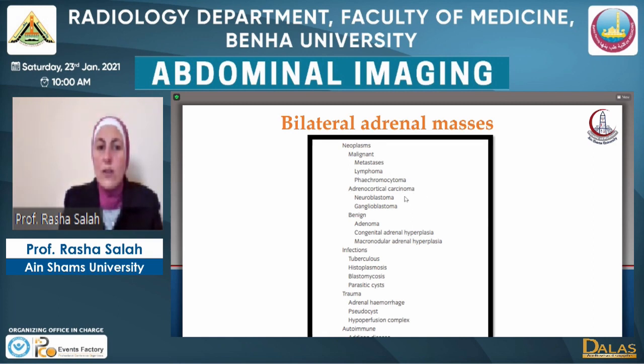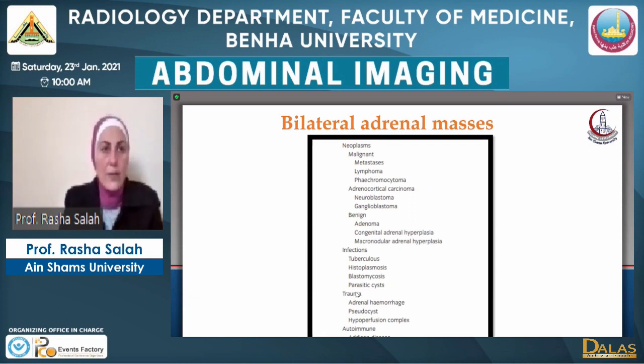Less commonly, adrenal cortical carcinoma, neuroblastoma, which is a pediatric adrenal tumor, and also ganglioneuroblastoma. Sometimes benign neoplasms like adrenal adenomas or adrenal hyperplasia, especially of the nodular type, could occur bilaterally, as we mentioned earlier. Bilateral adrenal lesions could include infection, especially tuberculosis and histoplasmosis.